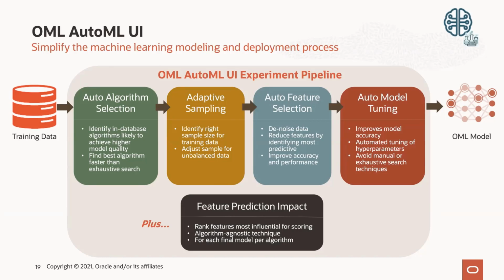And the final step is auto model tuning, which is basically, after we selected the algorithms, after we selected the best features for them, and we balanced them, we are now doing the final tuning, the fine tuning of the hyperparameters at that point. Okay. So after all of that is done, we can then take a look at the feature prediction impact.